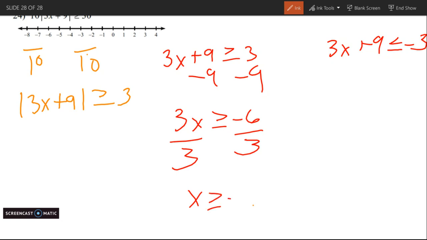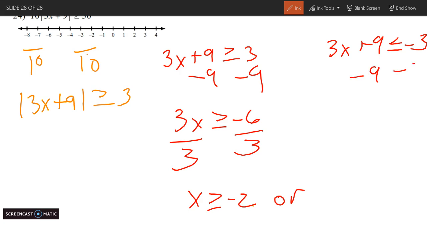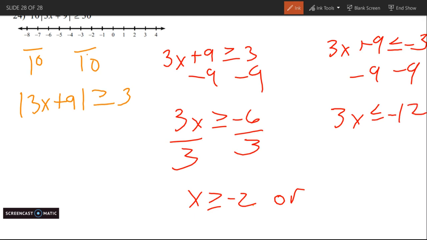x is greater than or equal to -2, and that was greater, so we're going to use or. Subtract 9, 3x less than or equal to -12, divide by 3. x is less than or equal to -4.